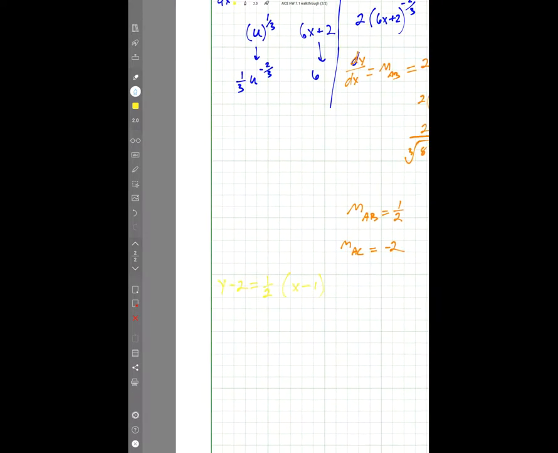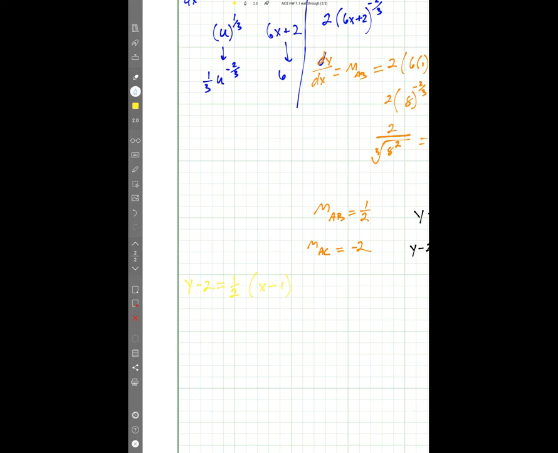So we need the y-intercept of AB, so that's where x is equal to 0. So we've got negative 1/2, y minus 2, so y is 3/2. So B is (0, 3/2).